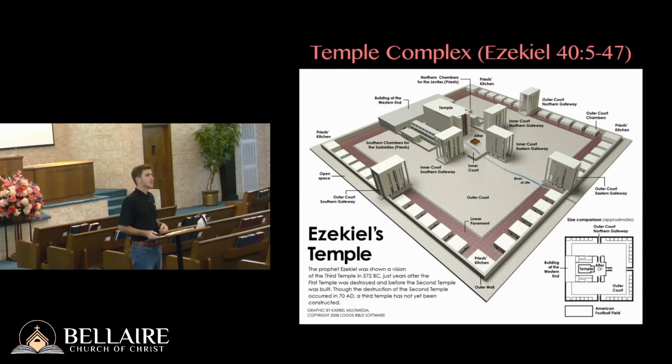Okay? Do notice in verse 16, it says that the gateway had windows all around, narrowing inwards toward the side rooms and towards their jambs. And likewise, the vestibule had windows all around inside, and on the jambs were palm trees. Now, I highlight the palm trees because we highlighted those on Sunday in Solomon's temple.